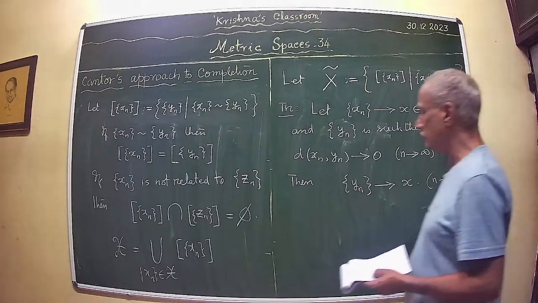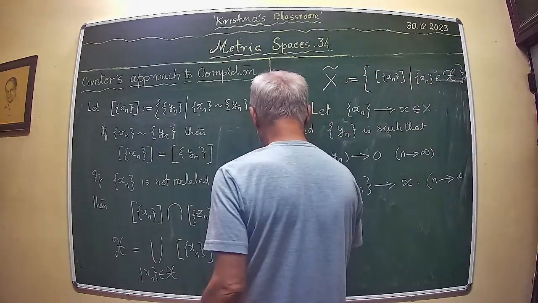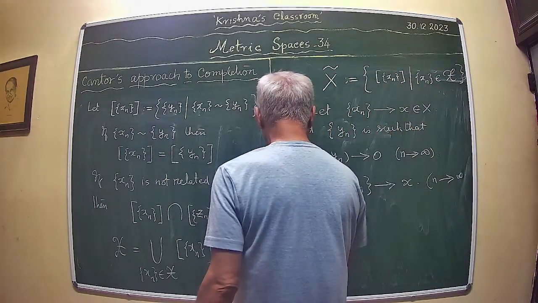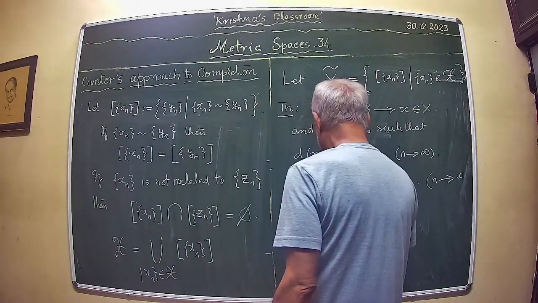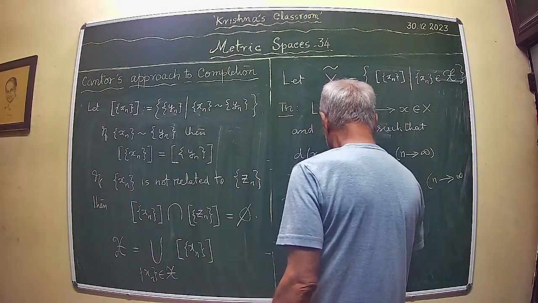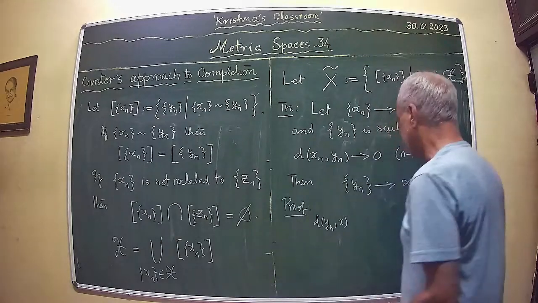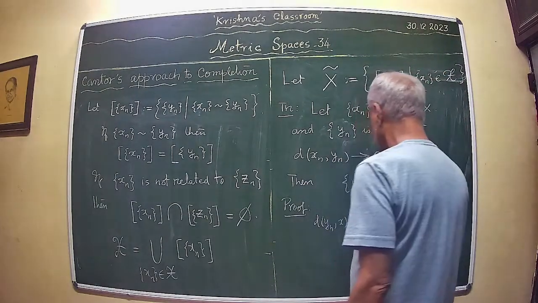So we'll put this. Proof is very simple. We'll estimate this, d(y_n, x), that makes sense, and this is less than or equal to d(y_n, x_n) plus d(x_n, x).